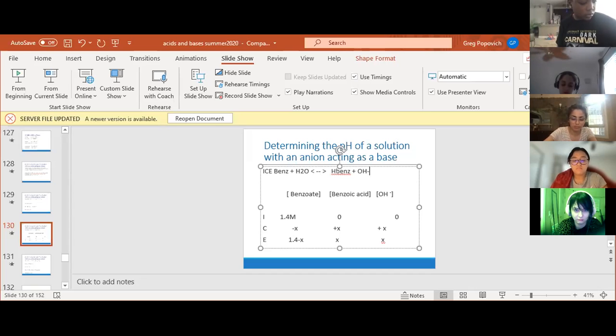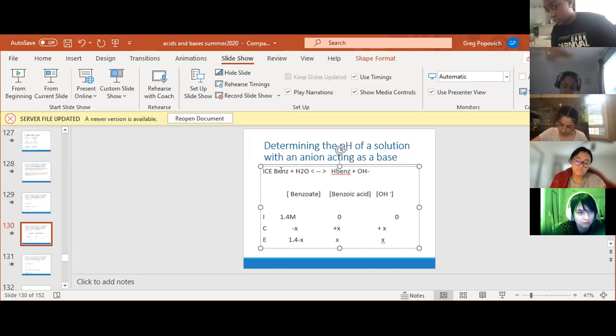You don't need to know what the exact formulas are. As a matter of fact, at this point, that would confuse the hell out of you. Just make up something. You know that it is a conjugate base, so just call it Benz plus H2O. What I make is the weak acid H-Benz plus OH minus.